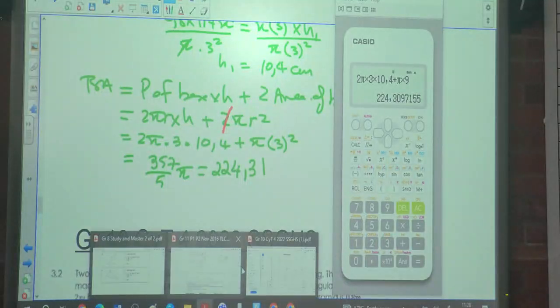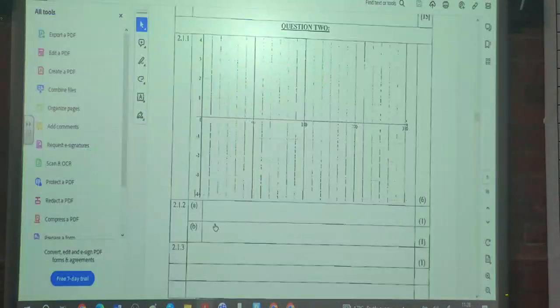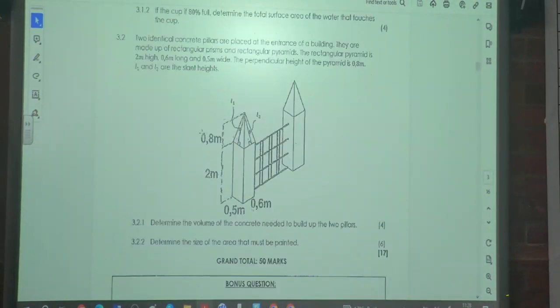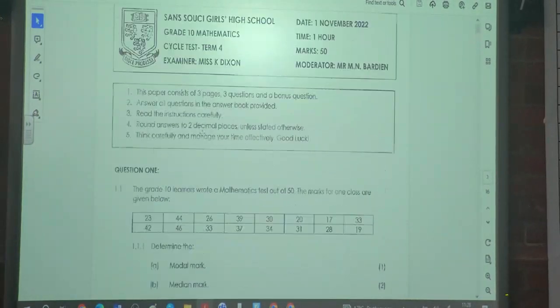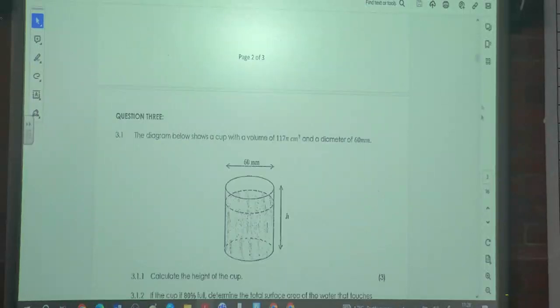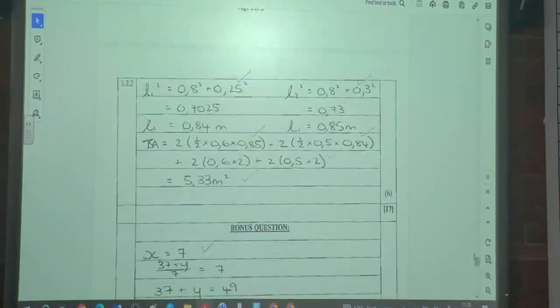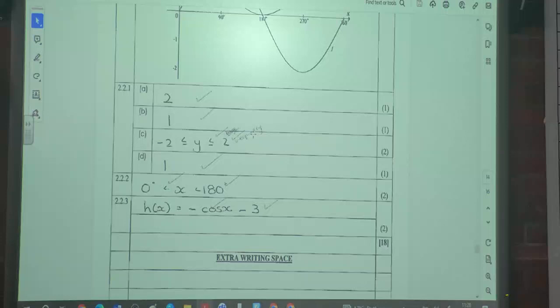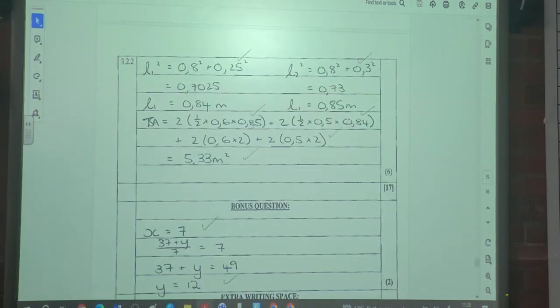The memo and the question paper can be found in the description box below. So let's see. Where are we going along? Oh, the memo is at the bottom. So this one?